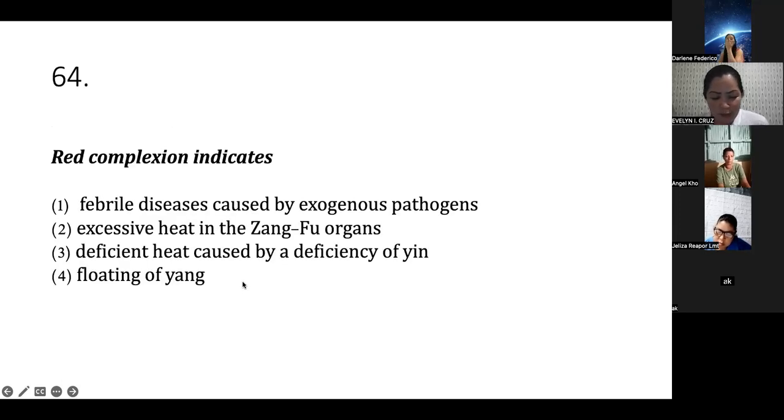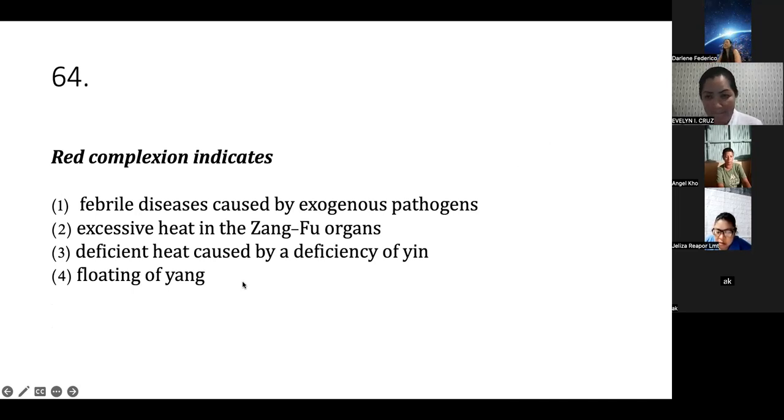Red complexion indicates febrile diseases caused by exogenous pathogens. Correct. And then excessive heat in the Zangfu organs. Correct also. Deficiency heat caused by a deficiency of yin. Correct. And then floating of yang. Correct. So the answer po is E. All answers are correct.